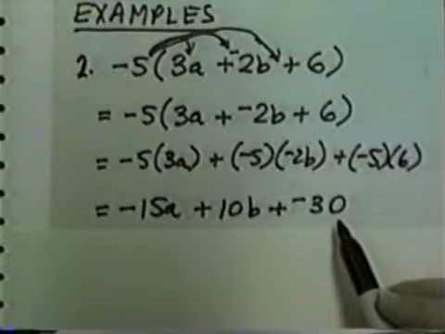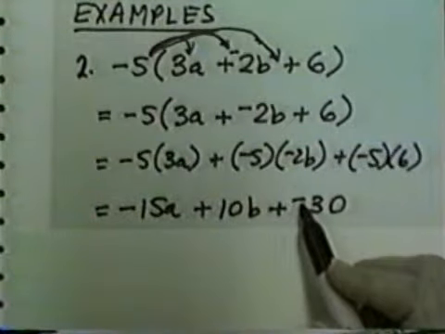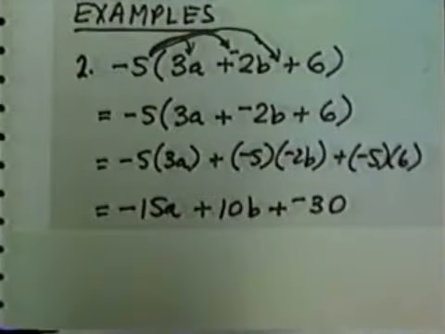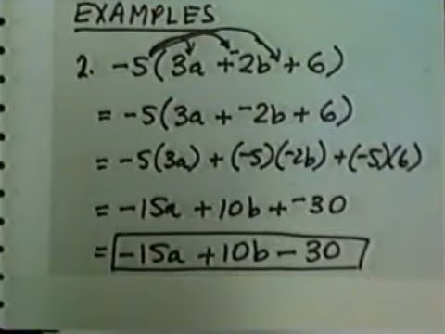If you'd like to leave your answer in this form, it is correct to do so. However, a mathematician would not write add a negative. Instead, the simpler version, subtract, would be used. And so the answer that is the best form is negative 15a plus 10b subtract 30.